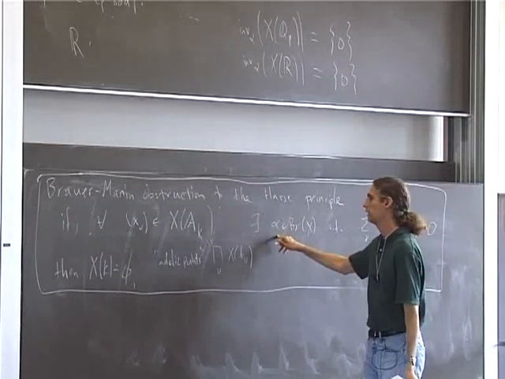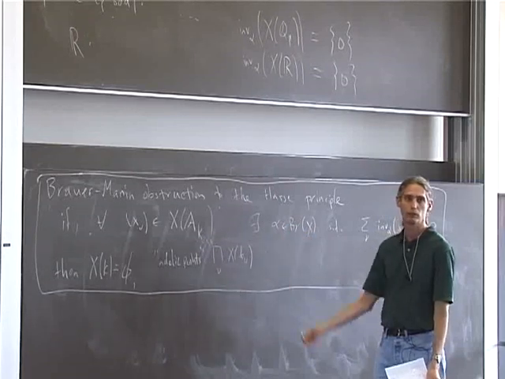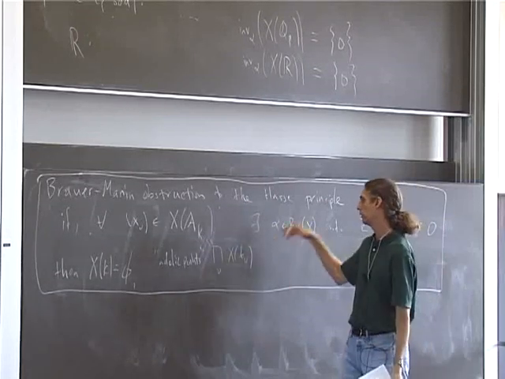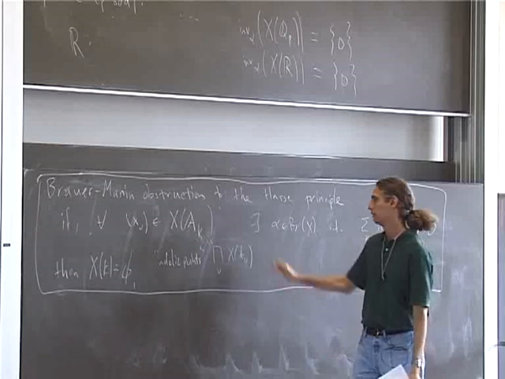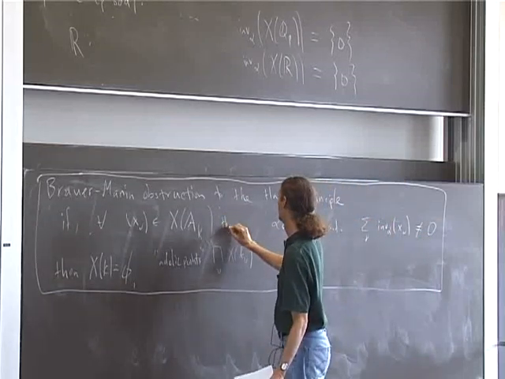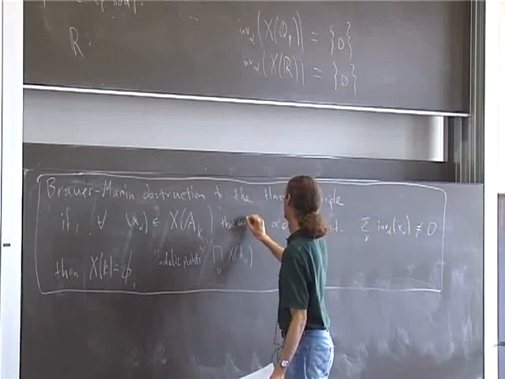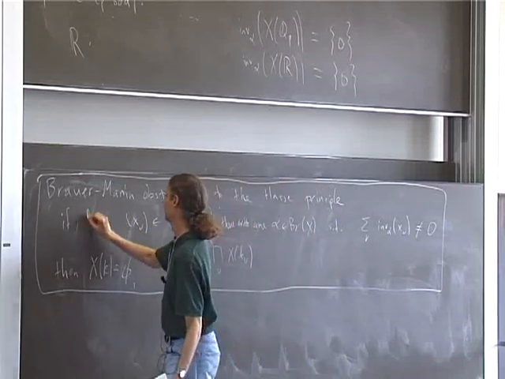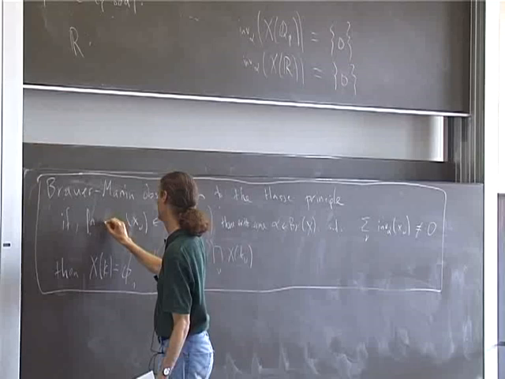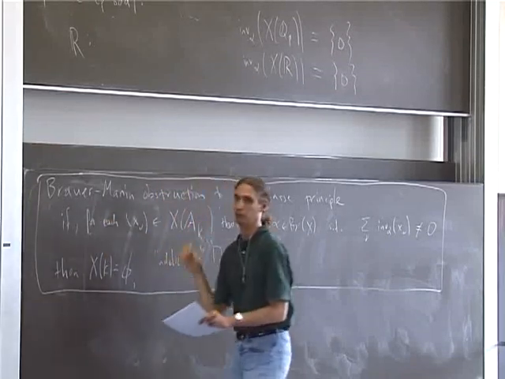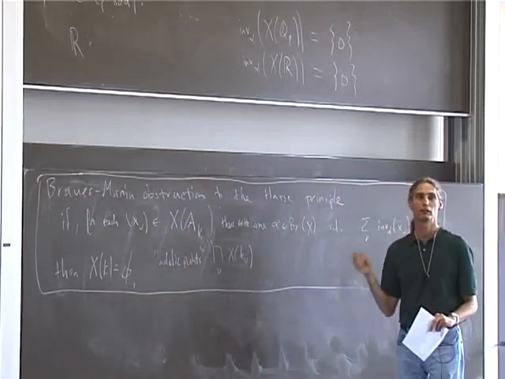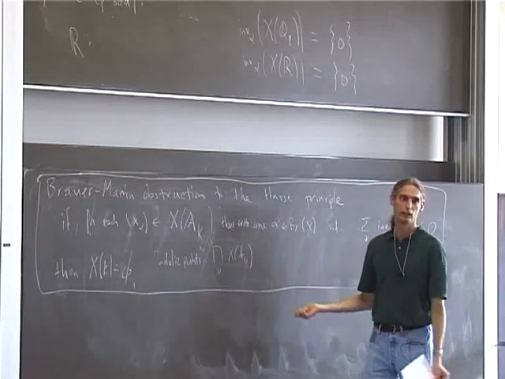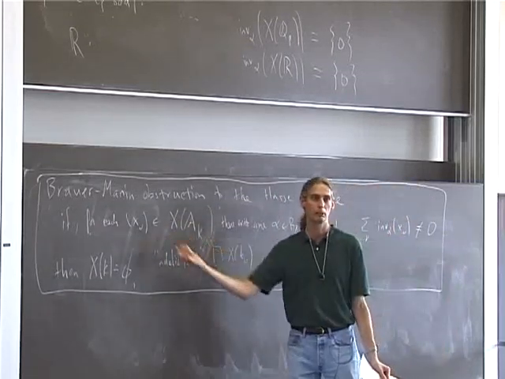There has to exist some alpha. For every adelic point, there is some alpha. There exists some. For each adelic point, given an adelic point, there is an alpha. Alpha might depend on the adelic point.